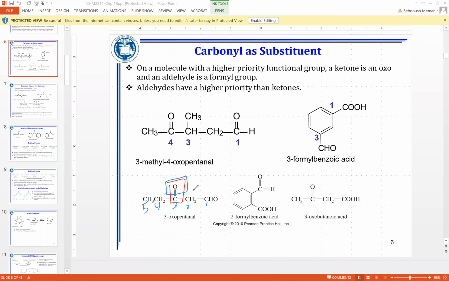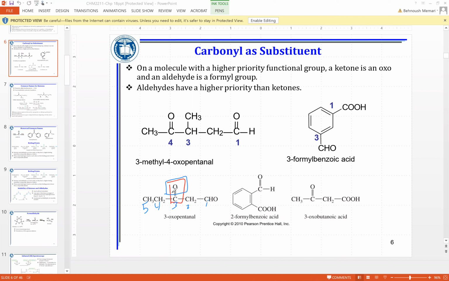So between aldehydes and ketones, they are almost the same. They have the same functional group, the carbonyl group in both of them. Why does aldehyde take the priority over the ketone? Because the aldehyde is anyway at the beginning of the carbon chain, so they just made it easier. They said we are going to give the aldehyde high priority over the ketone.